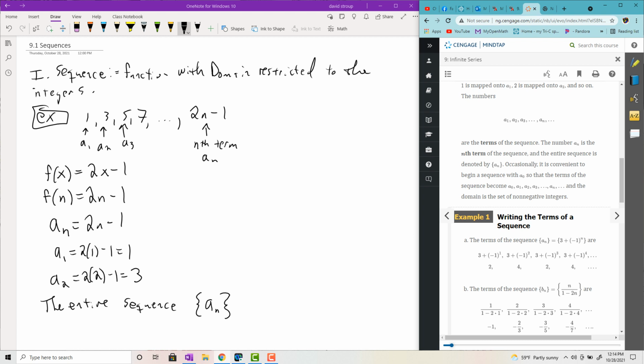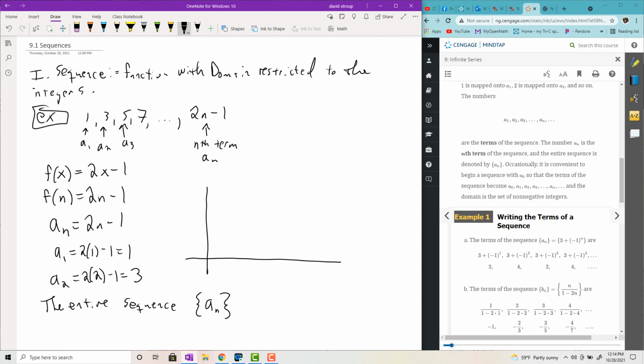Sometimes you can begin at 0, you can begin at 1. For analysis purposes, sometimes we just don't care until eventually it's always conforming to some rule, so you could chop off the first couple terms. You can plot these things if you want to. At a sub 1, when you plug 1 into this, we get 1.